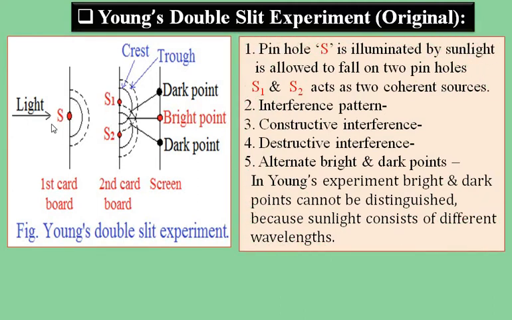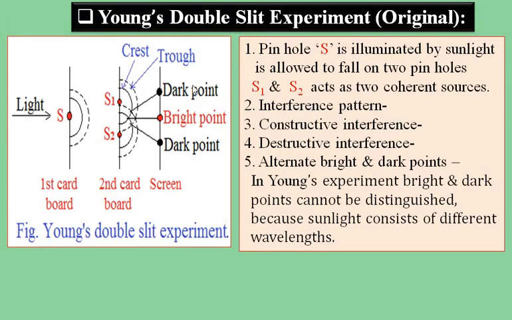Here sunlight is allowed to fall on the pinhole S, which illuminates the two pinholes S1 and S2, which act as the coherent sources. And the interference pattern is observed on the screen.